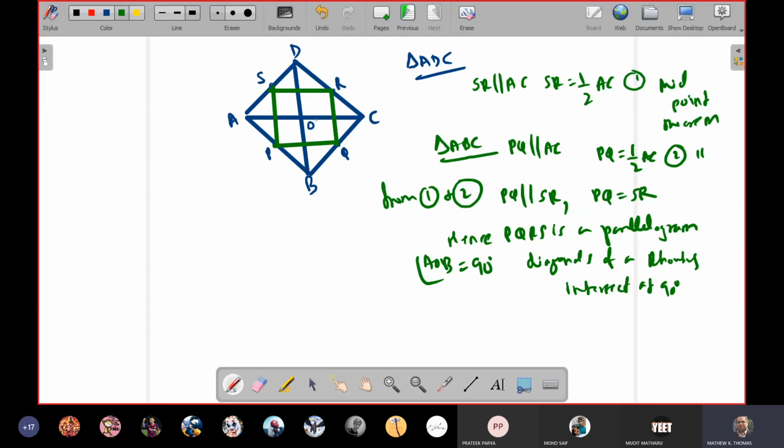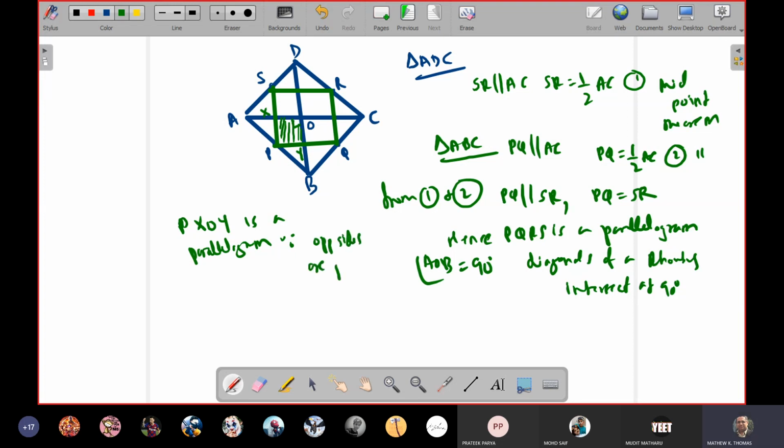Now if you look at this small figure here, let's mark this X and Y. I can say that PXOY is a parallelogram. Why is PXOY a parallelogram? Because opposite sides of these figures are parallel.